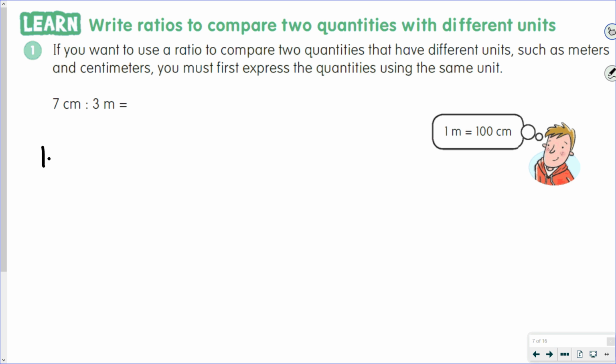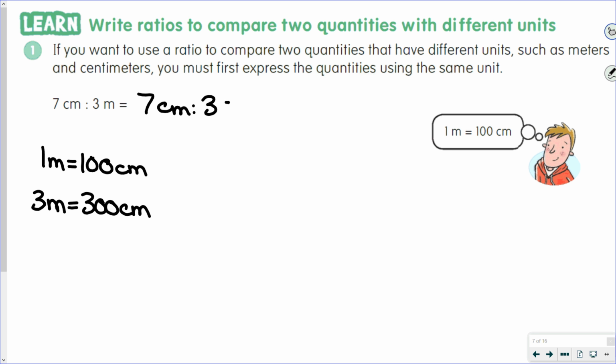So if 1 meter equals 100 centimeters, then 3 meters would equal 300 centimeters. So we would have 7 centimeters compared to 300 centimeters, which would give us a ratio of 7 to 300.